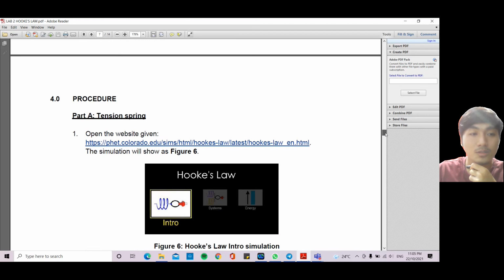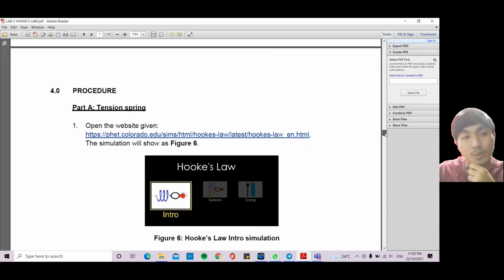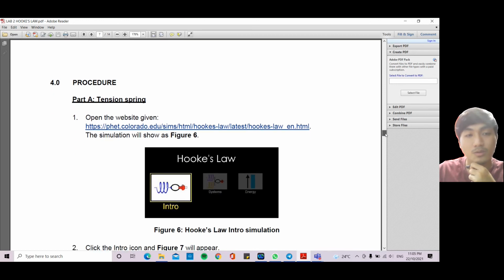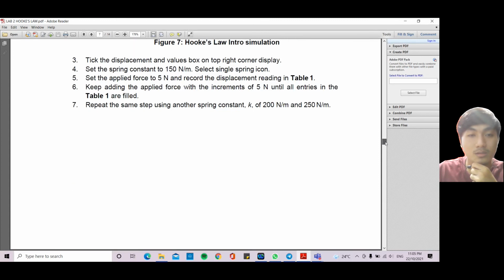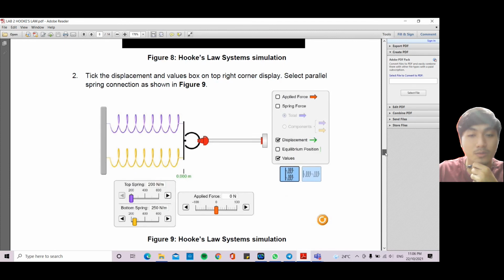So this is the procedure for three parts, part A, part B, and part C. We're using this website for doing the simulation, and this is the step for doing the simulation.